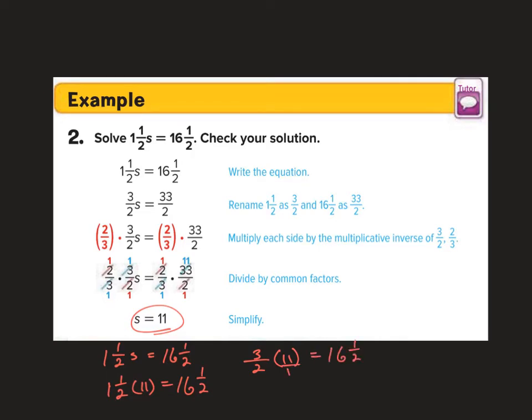When we multiply, we get 33 over 2. And when we convert the improper fraction 33 over 2 into a mixed number, 2 goes into 33 16 times, gives us 32, and 33 minus 32 is 1. So we do get 16 1/2 on the left-hand side of our equation, which means this equation balances out, so therefore 11 is an accurate solution for the problem.